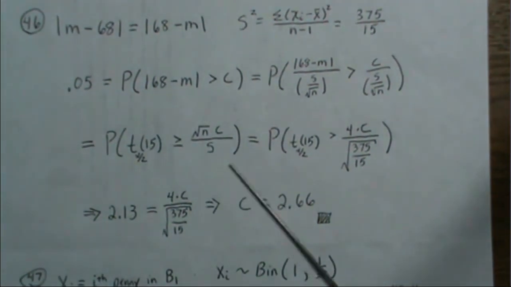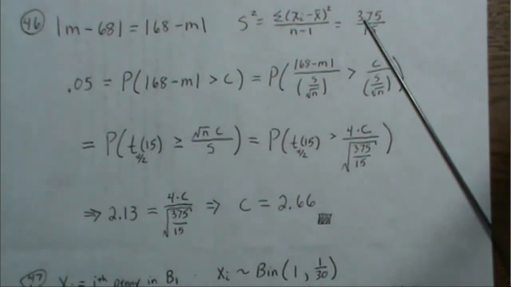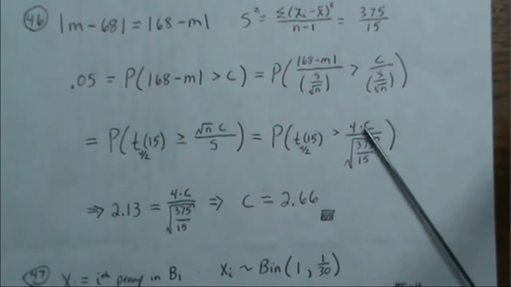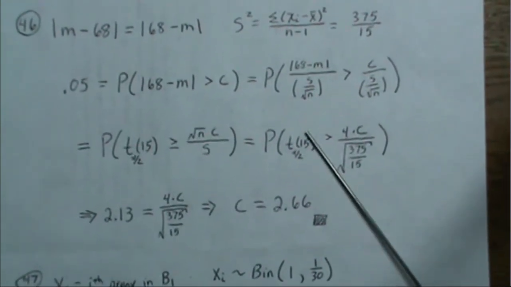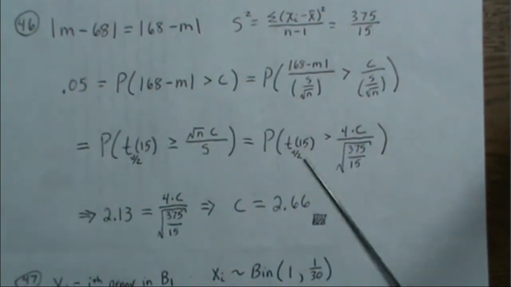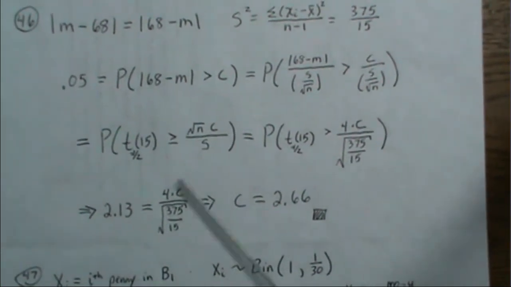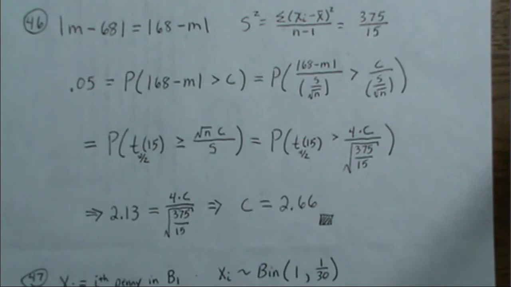And the standard deviation is the square root of 375 over 15. And then this quantity is 2.3. Solving for C, we get C equal to 266.